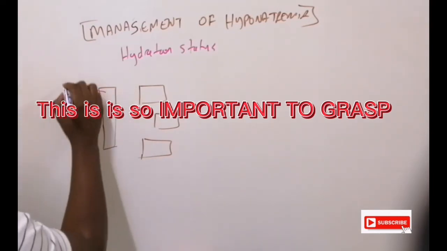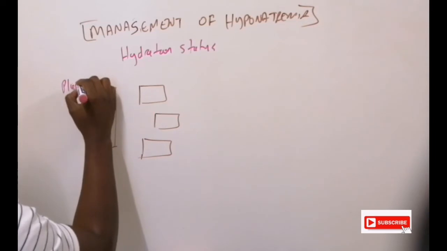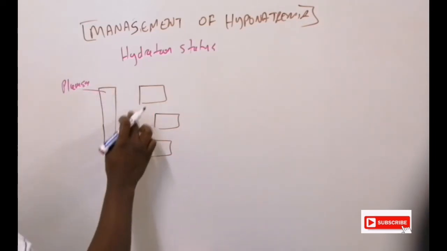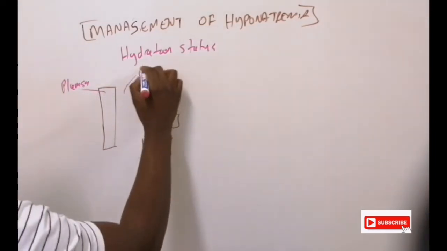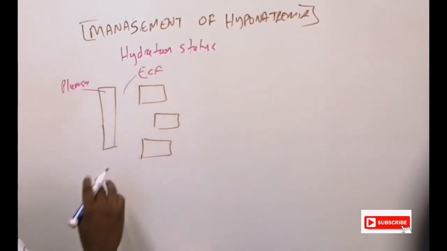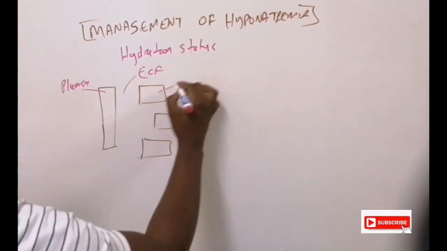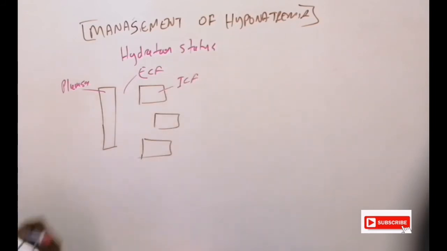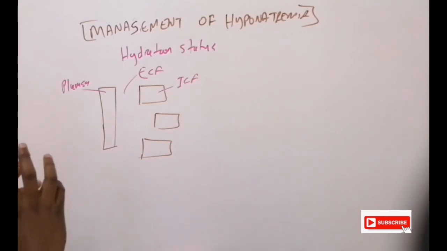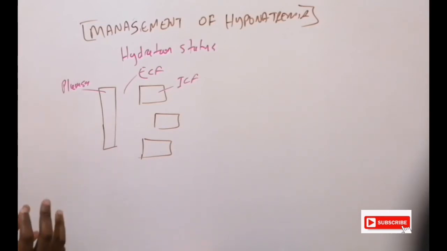Like for instance, this is the plasma, and this is the extracellular space or the extracellular fluid, and this is the intracellular. Now let's talk about the patients that have hyponatremia because of dilution.